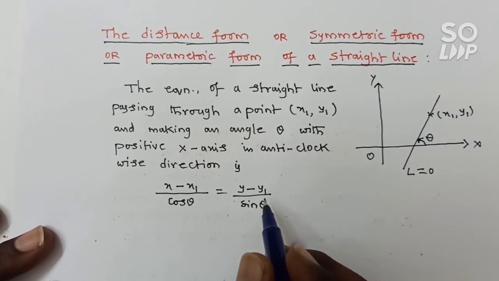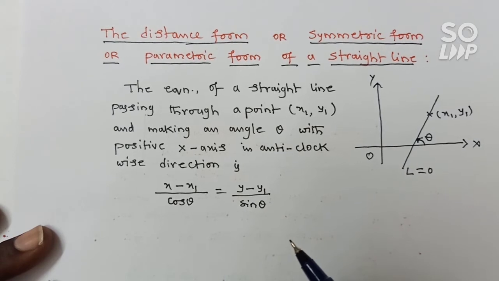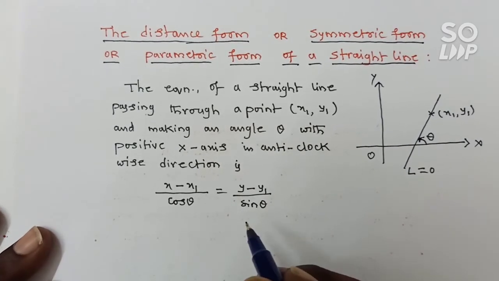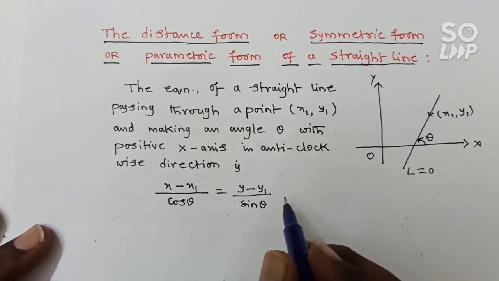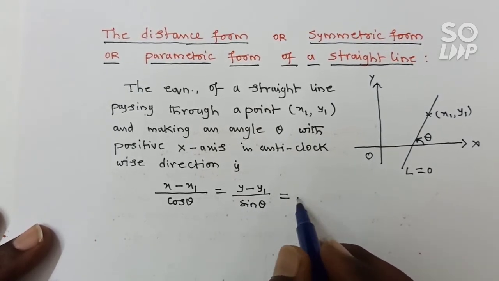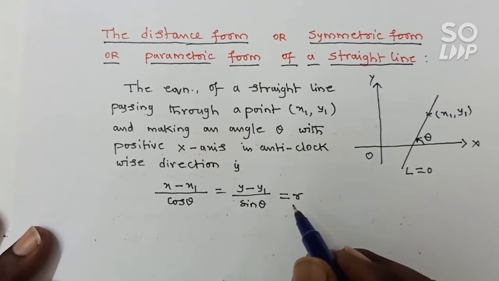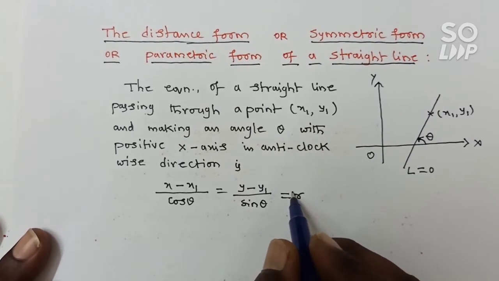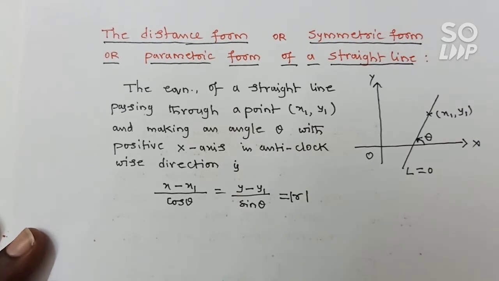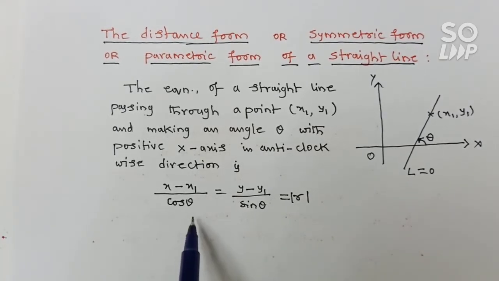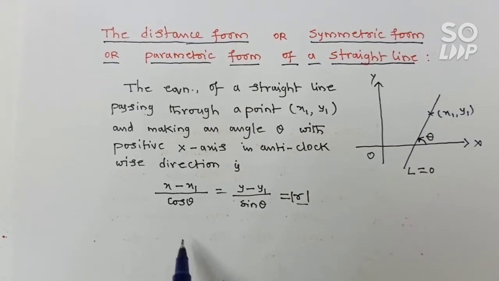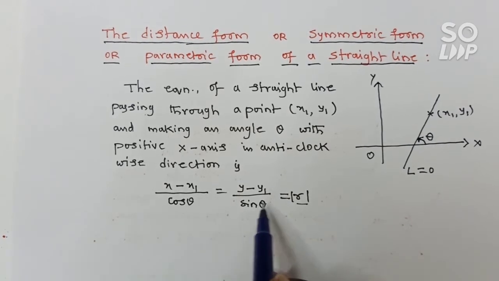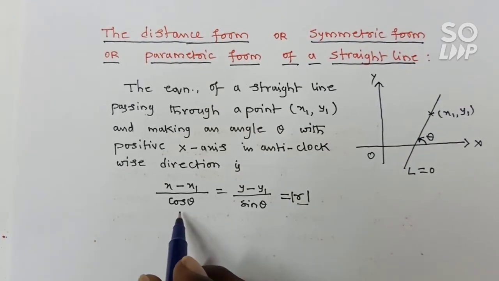Y minus y1 whole divided by sin theta, right? Now these two ratios are equal. Let this be equal to some constant r, or you take modulus of r.